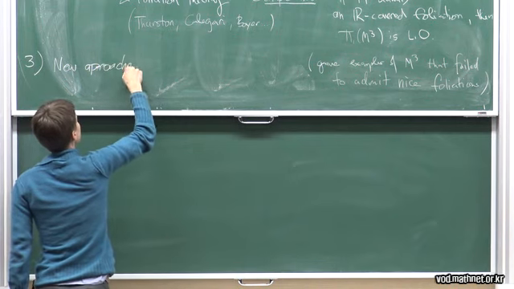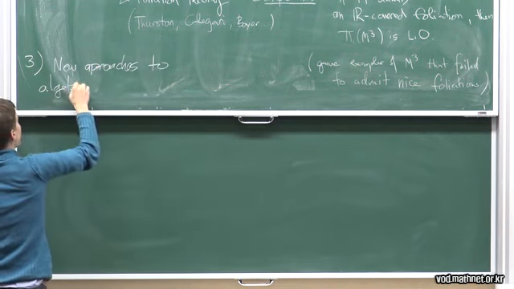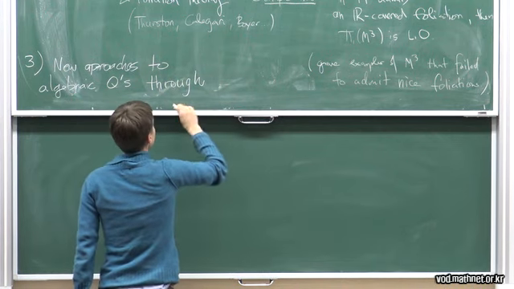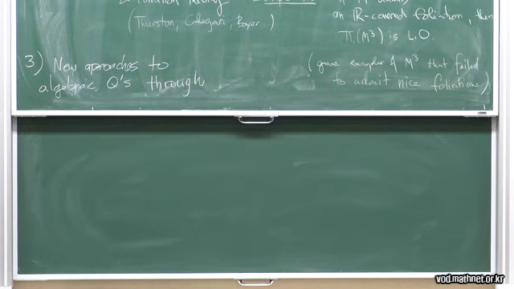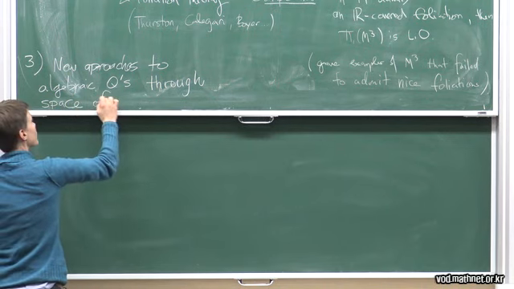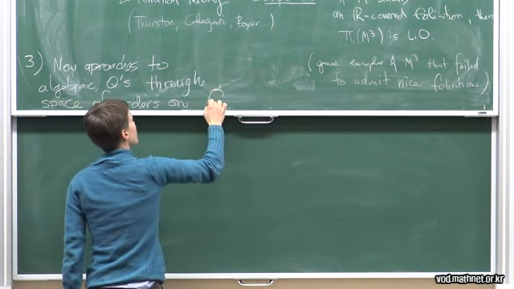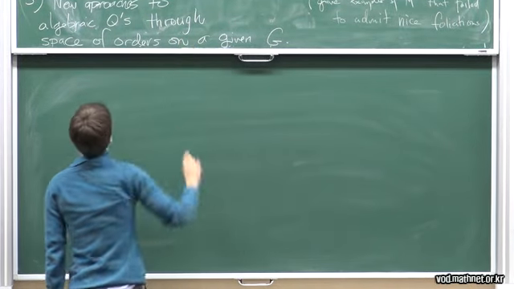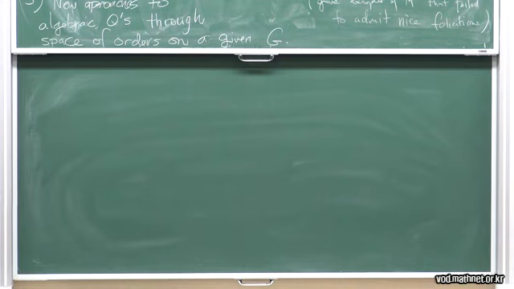New approaches to algebraic questions by studying a kind of geometric dynamical picture where we consider the whole space of possible orders on a given group G. Okay, so what I want to do in this talk is paint a picture of a little bit of 1, 2, and 3, or how I got interested in this and what we're able to do with this modern approach. Okay.